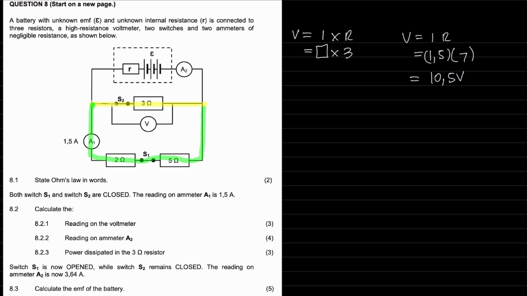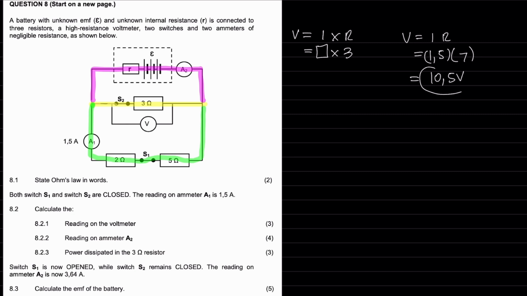Question 8.2.2, calculate the reading on ammeter A2. Now A2 is positioned right here, and it's reading the total current of the circuit. We can get the total current if we take the current in the green branch and add it to the current in the yellow branch. But we don't know the current in the yellow branch. We know the resistance, and we also know the potential difference for the yellow branch.